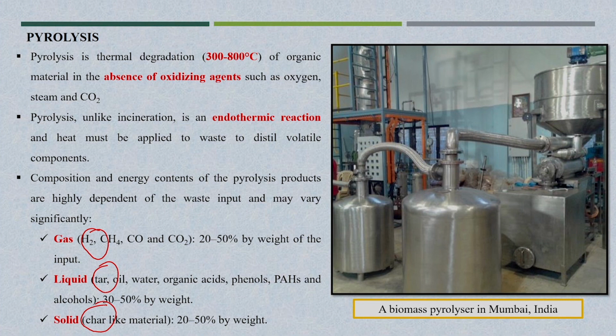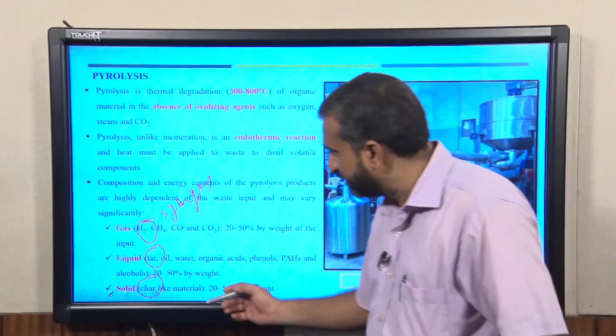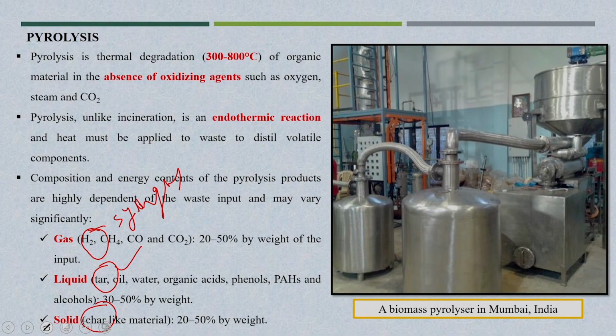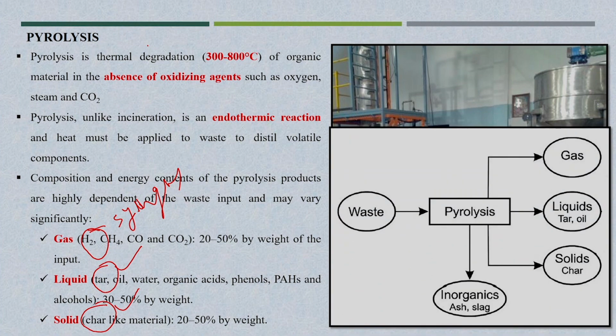But we can't say exactly. This gas is normally called syngas, a synthetic and highly combustible gas. The liquid can be used as tar, and the solid can be used in the form of char, but needs some treatment. So you can see there will be 3 major products.